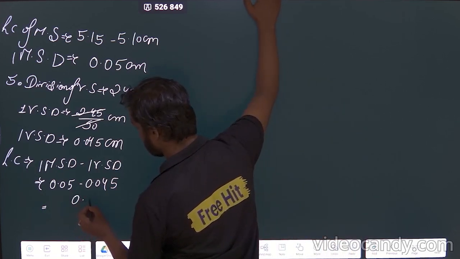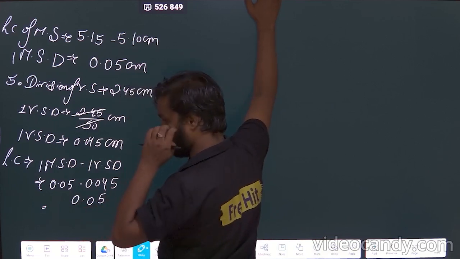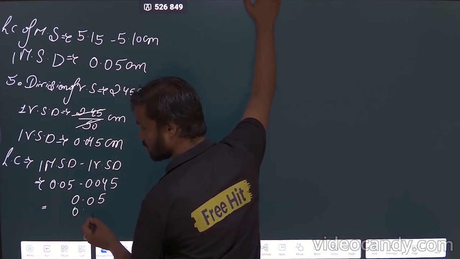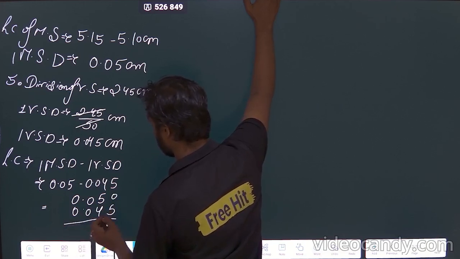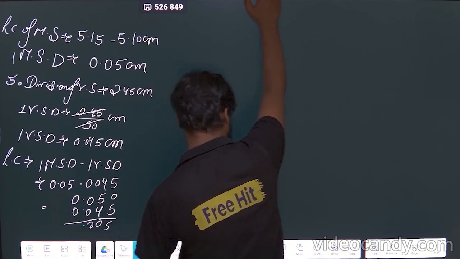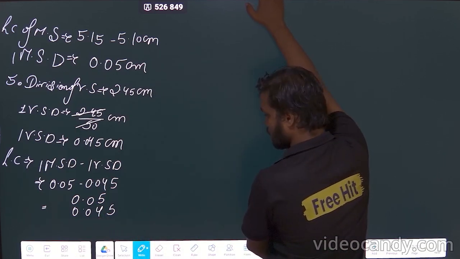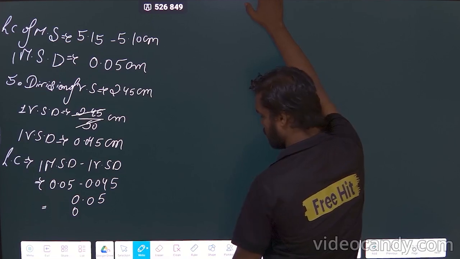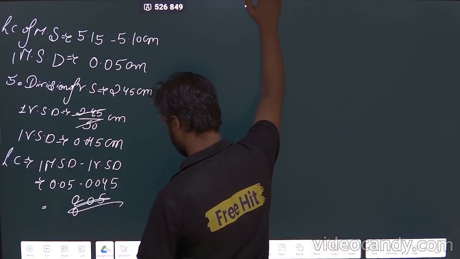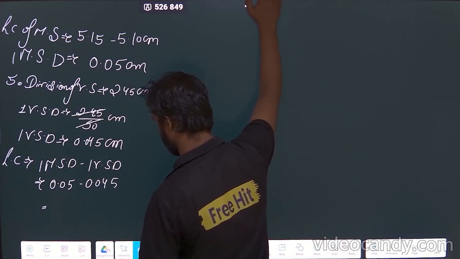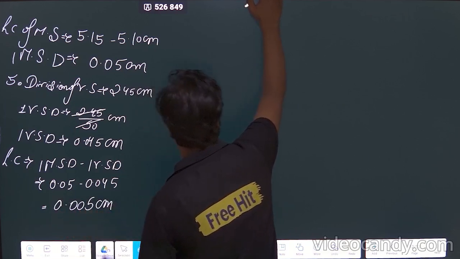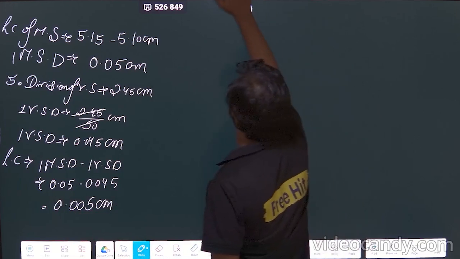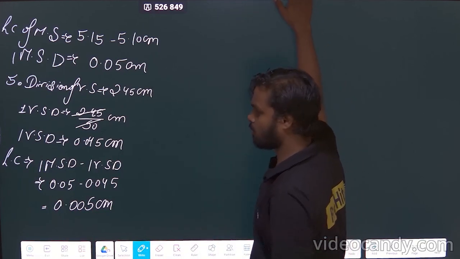Let us write this 0.05 minus 0.045. It will be 0.005 centimeter. So that is the least count I got. Clear? I got the least count.